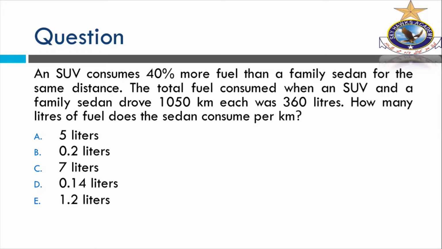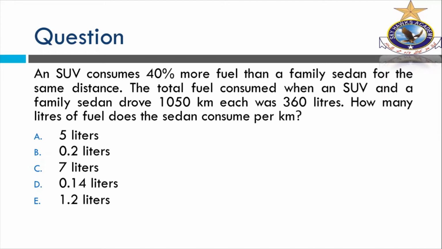So from here, instantly, can you guess any answer out of these? You are making a mental calculation. Sure. Let me see this real quick. SUV consumes 40% more fuel than a family sedan for the same distance. The total fuel consumed when an SUV and a family sedan drove was 360 liters per kilometer.